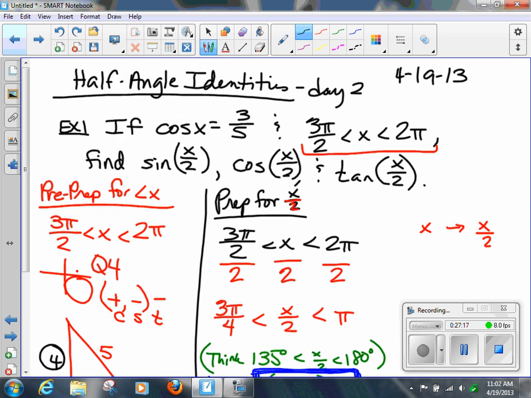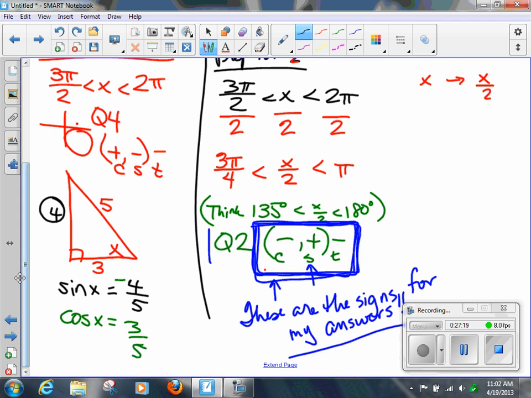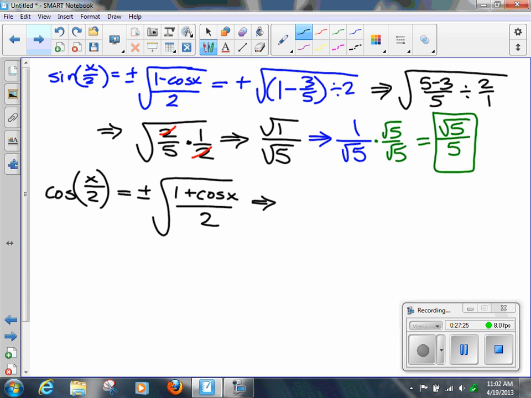It will be negative, because in my answer, my cosine value has to be negative. So, negative square root of 1 plus 3/5 divided by 2. Right on? Okay? Solve and see what you get.